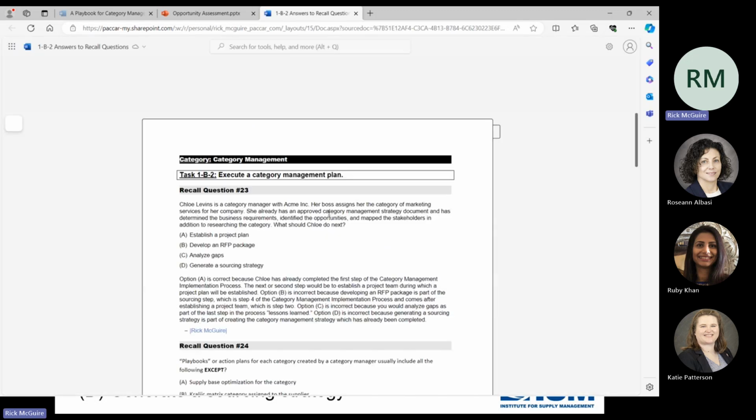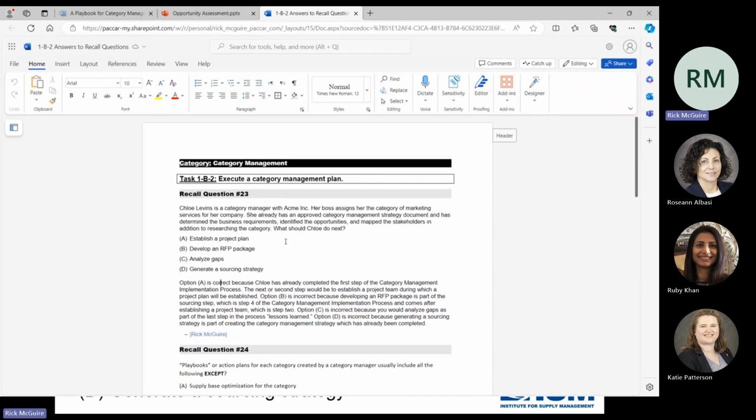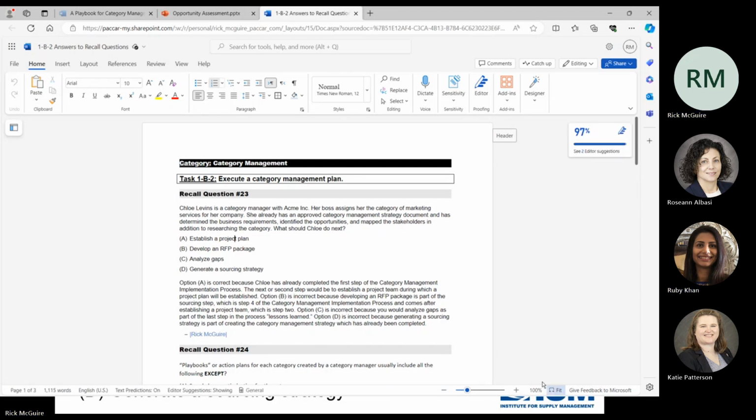I'd probably go with C. And of course it's A. C, incorrect, because you would analyze gaps as part of the last step of the process, lessons learned. I don't agree with that. But all right, that's their answer.